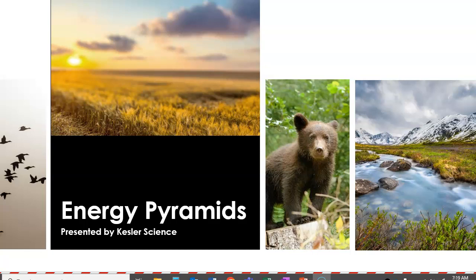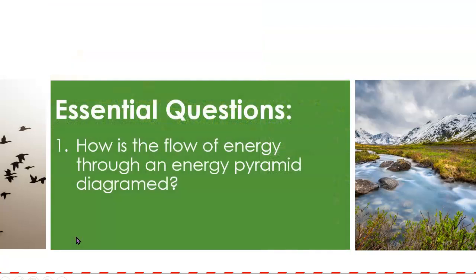We're going to continue on in our discussion about how energy moves through ecosystems by moving on from food chains and food webs to talking about something called energy pyramids. What we've looked at to this point is how food chains and food webs are a way of modeling or diagramming how energy flows through an ecosystem.